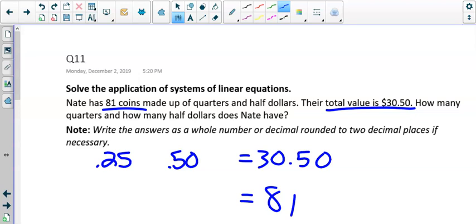So who's getting the Q? 25. Who's getting the H? The 50. And what sign will be between them? A plus. There's your first standard form equation. And again, this equation makes sense because this is all about 25 cents.